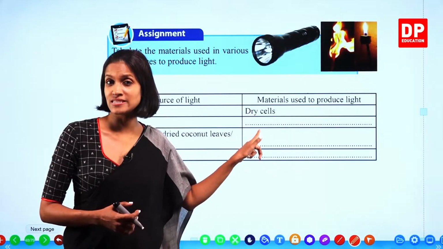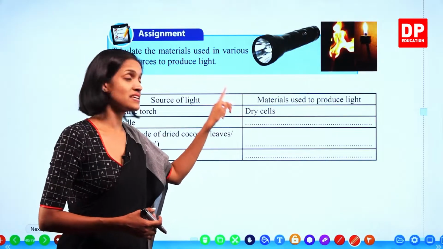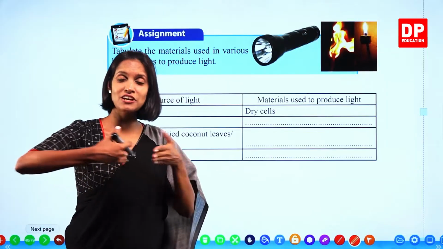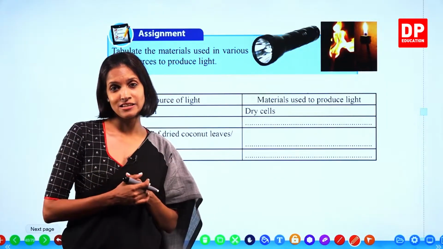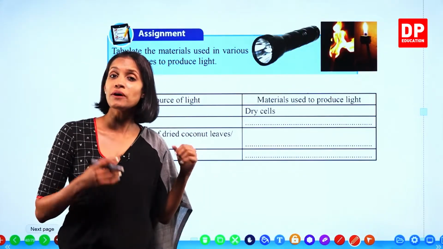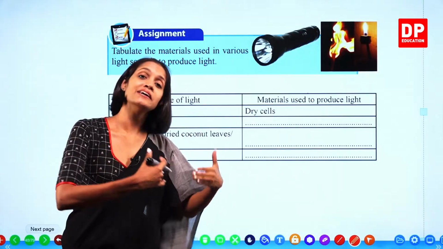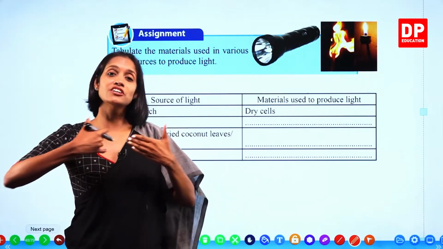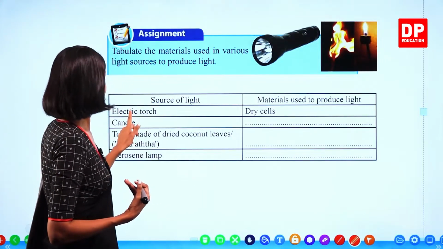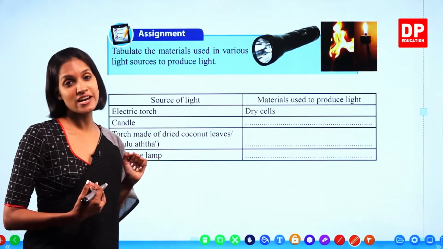Dry cells contain chemical substances, therefore chemical energy is converted to electrical energy. When we make this torch work, the electrical energy is converted to light energy. Right, children? So for the electric torch, the material used to produce light is dry cells.